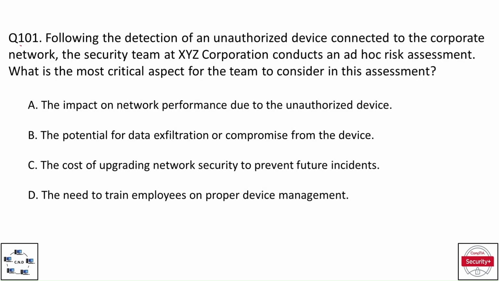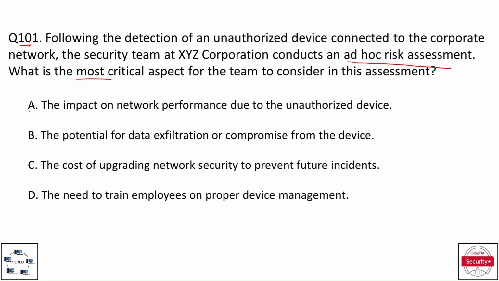Question number 101. Following the detection of an unauthorized device connected to the corporate network, the security team at XYZ Corporation conducts an ad hoc risk assessment. What is the most critical aspect for the team to consider in this assessment?